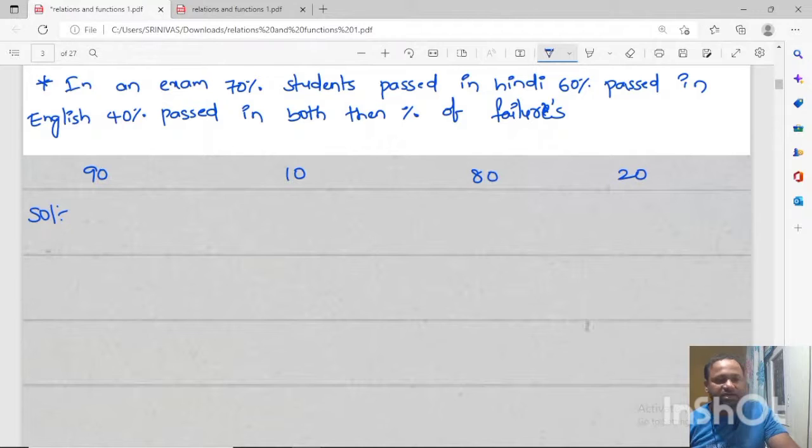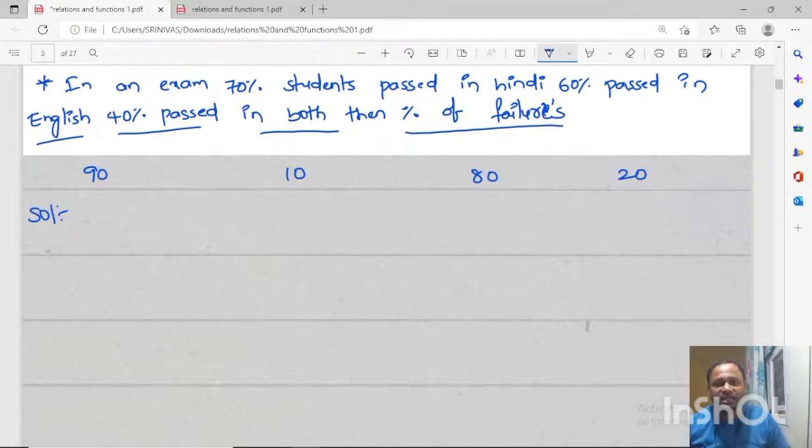Yes, see the question. In an exam, 70% students passed in Hindi and 60% passed in English. 40% passed in both. Then the percentage of failure students. This is the question.